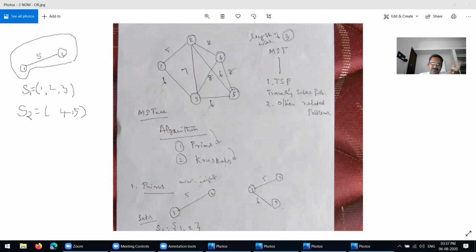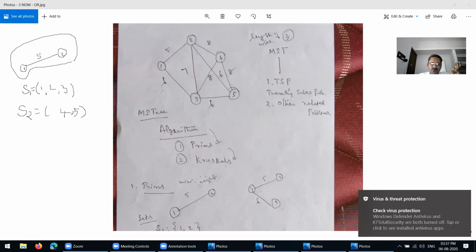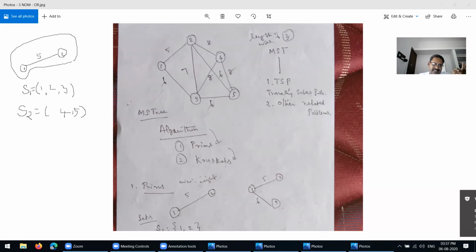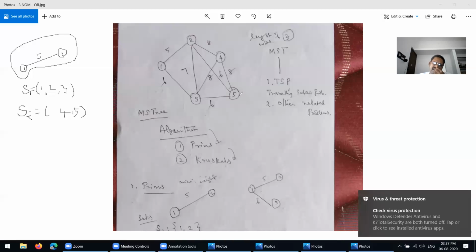So the minimum value is 6 here. Then 3 to 4 is 8, which is higher than 6. Then 3 to 5 is also 6. So now we write here.